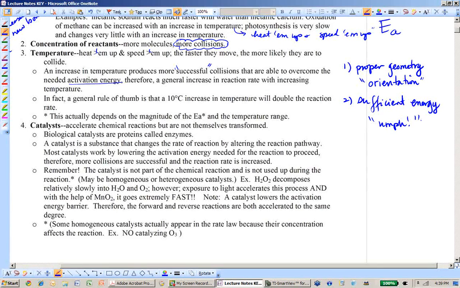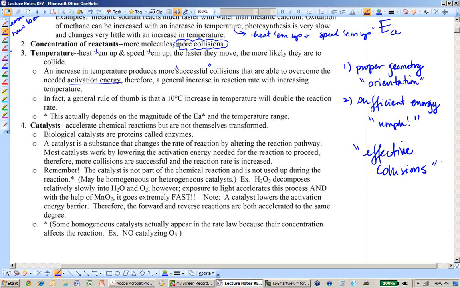It's a fabulous science word, the oomph. So are these molecules hitting in the right orientation, and are they hitting with enough energy, the right amount of oomph when they hit each other to actually cause a bond to break or a bond to be made? It works both ways. Energy and orientation are the two biggest factors in whether these are what we call effective collisions.